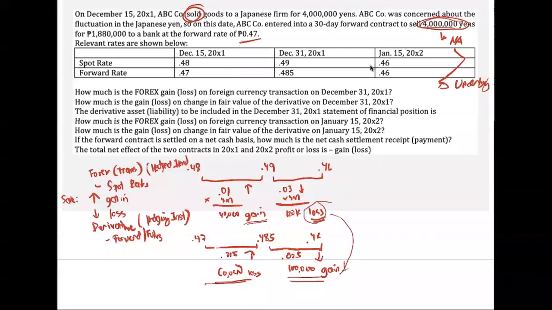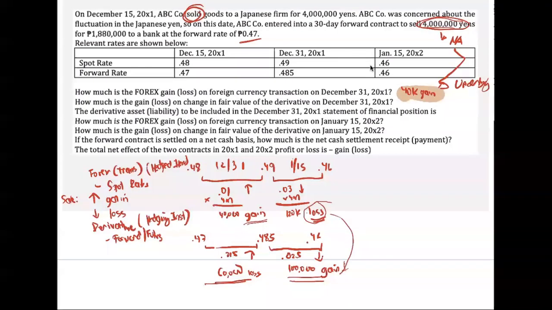Okay? First, what is the forex gain or loss? O kung forex, punta tayo sa forex. Meron tayong gain, 40,000 gain. Kasi ito yung December 31, di ba? Ito naman yung January 15. So yung unang difference is December 31 difference, January 15 difference naman yan.